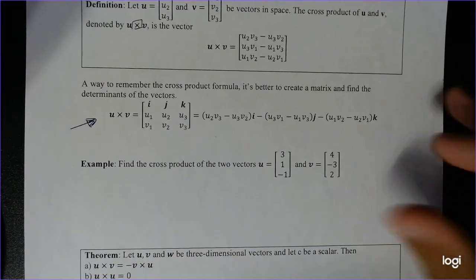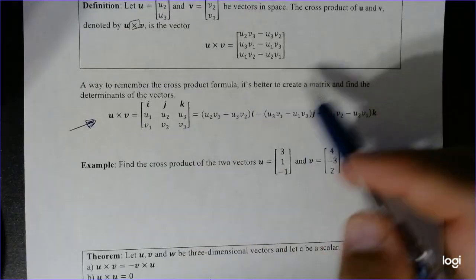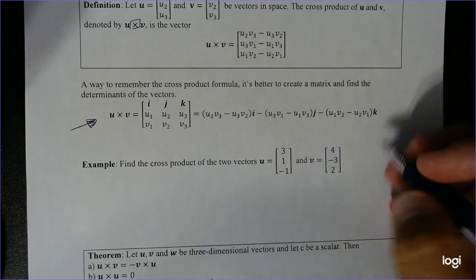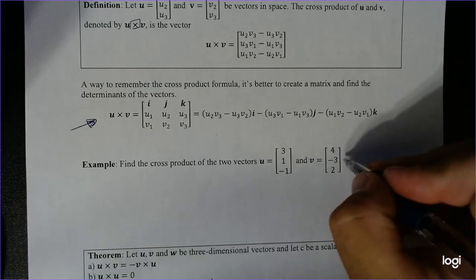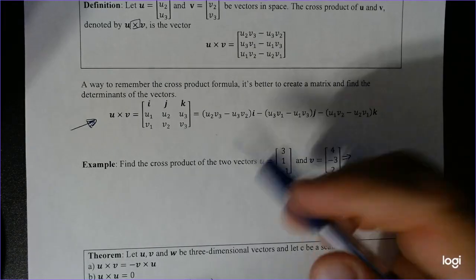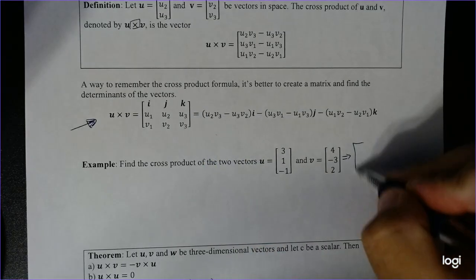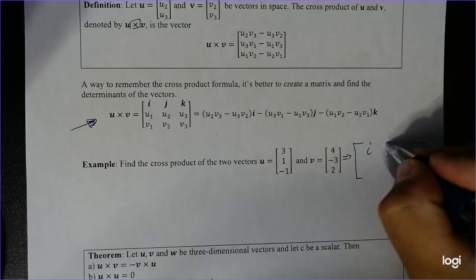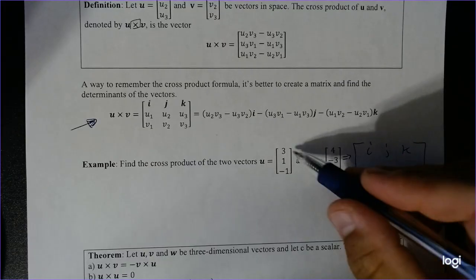So again, like everything else, let's try an example illustrating our cross product equation. Given the two vectors here, we want to figure out the cross product between them. So what I'm first going to do is convert this to look like that. And I'll do u first.